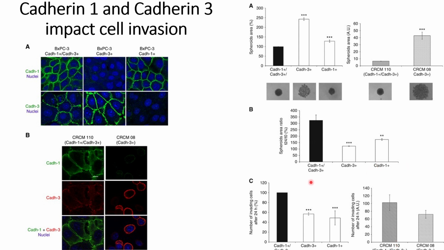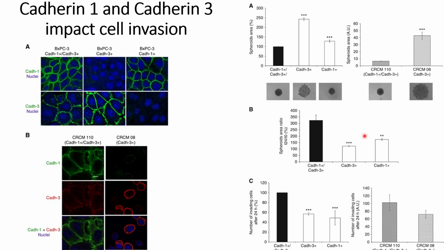Let me clarify, for viewers who have confusion about the results of panel B and panel C. In panel B, when both of them are present, they see maximum invasion, whereas when only one of them is knocked down, they see low invasion.